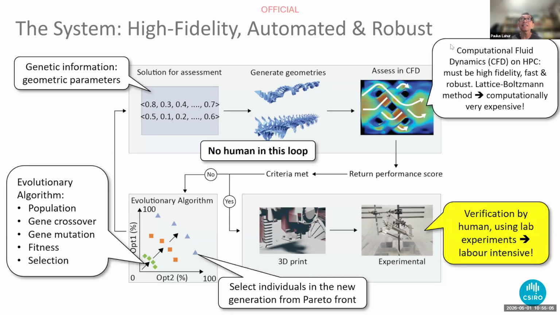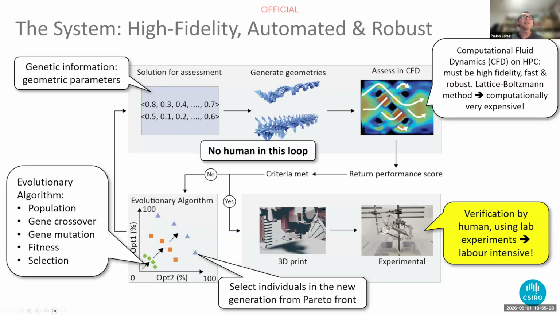And it has to be fast and robust, meaning you cannot just stop in the middle because of some sort of numerical error, and then a human has to go in and troubleshoot. No, that is not allowed. This loop has to run fully automated.